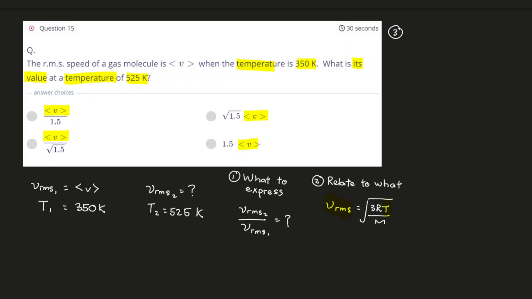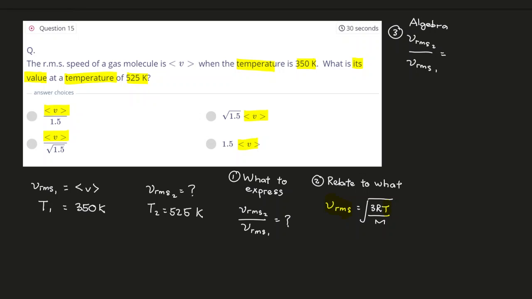So now the third step is algebra. You want to compare VRMS2 divided by VRMS1.